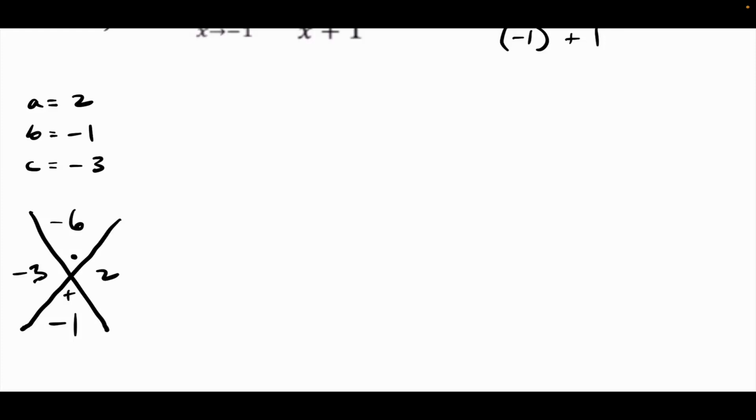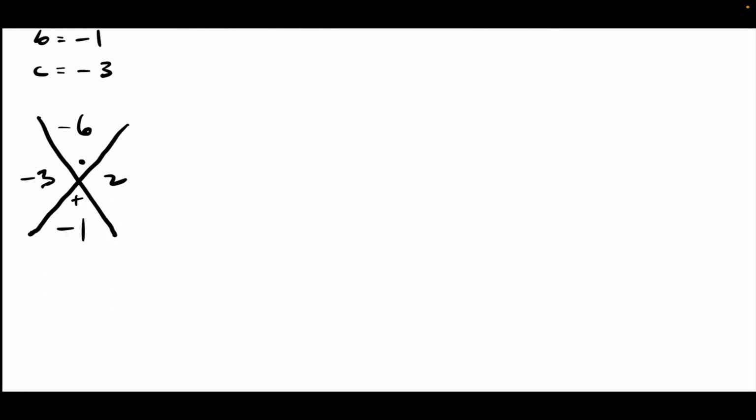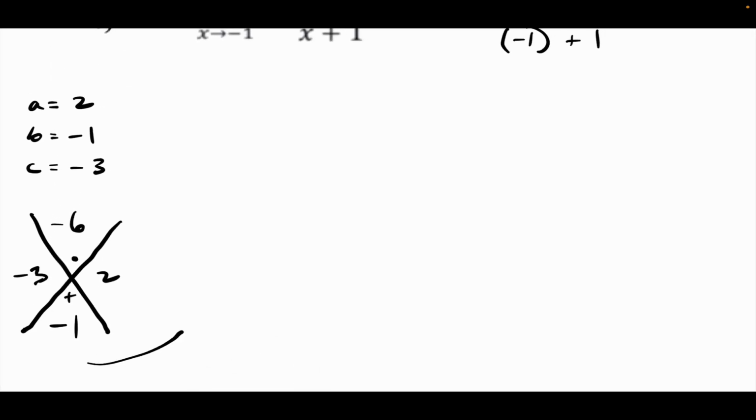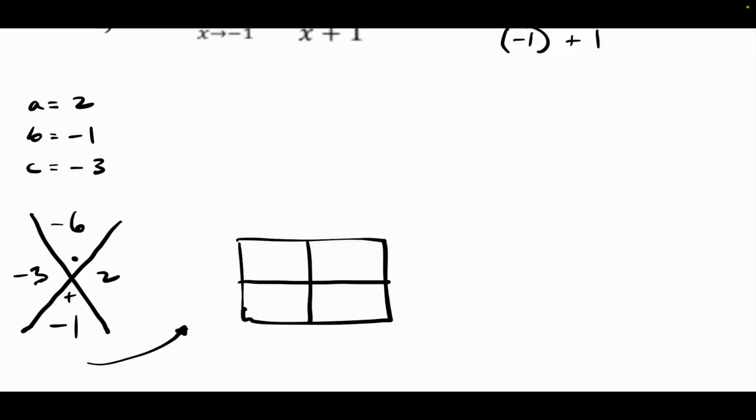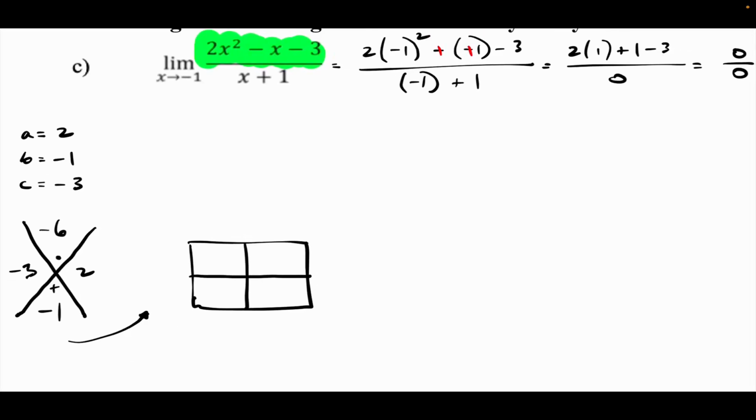The next step is what I call the box. It's a 2x2 box. Kind of looks like a window pane. So the window or the box, the first term, you go back to the original. The first term, the whole thing, 2x squared, goes in the first window part.